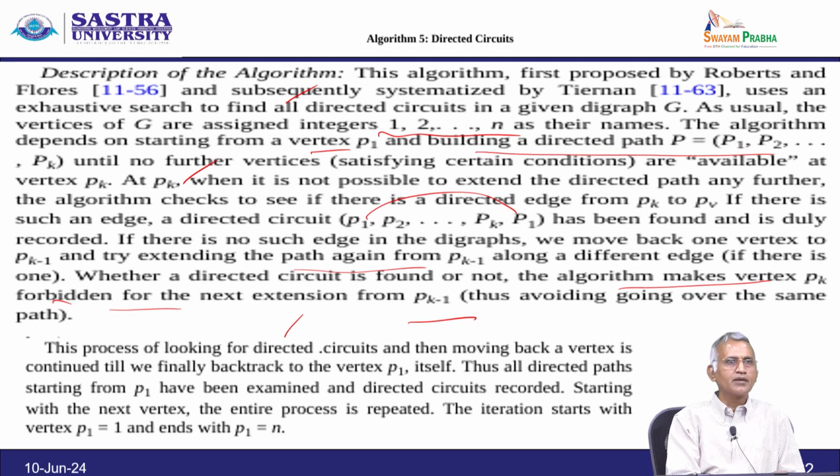Thus, all directed paths starting from P1 have been examined and directed circuits recorded. Starting with the next vertex, the entire process is repeated. So, the iteration starts with vertex P1 equal to 1 and ends with P1 equal to n. This is how to find the directed circuits in a given digraph.